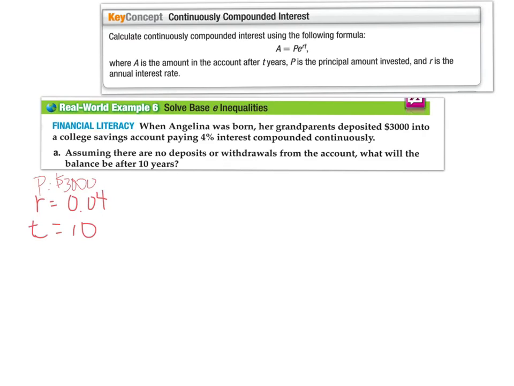So we have A equal to P, which is 3,000, E to the RT, so to the 0.04 times 10. We first need to simplify the exponent. We have 0.4.